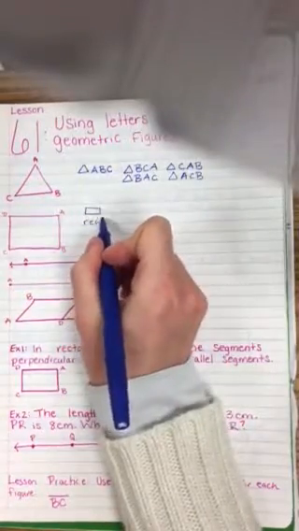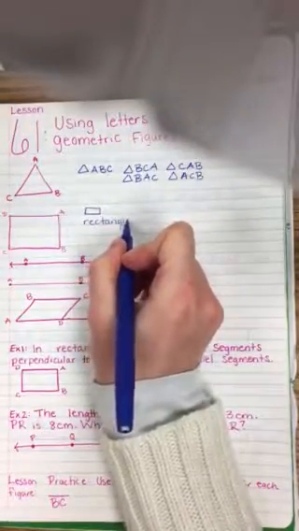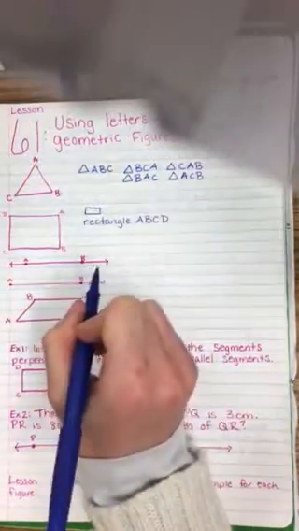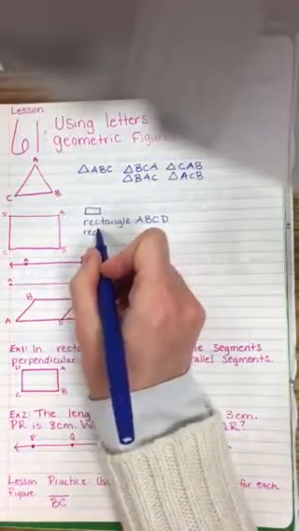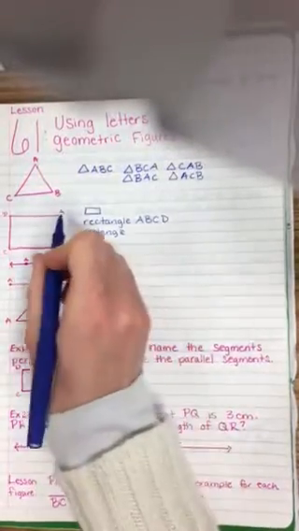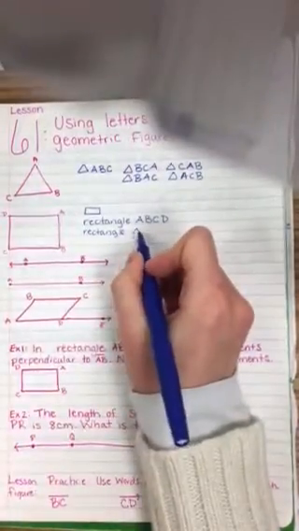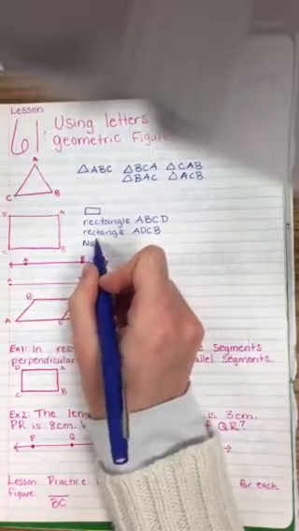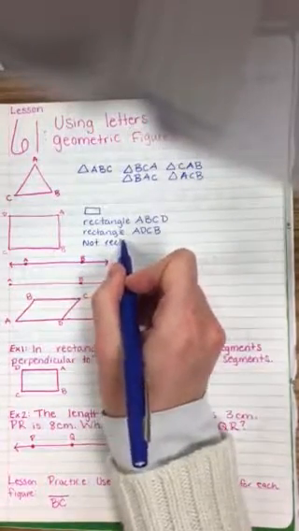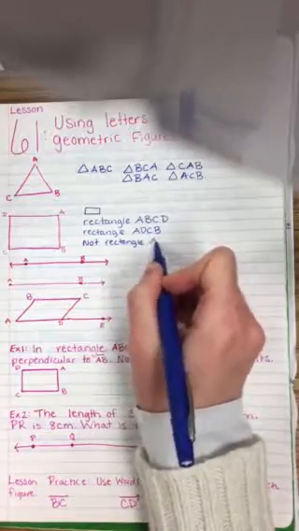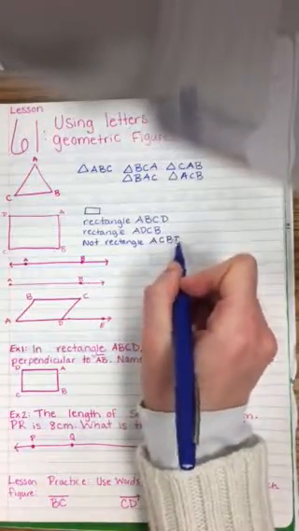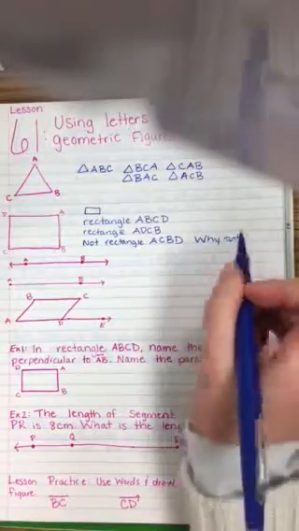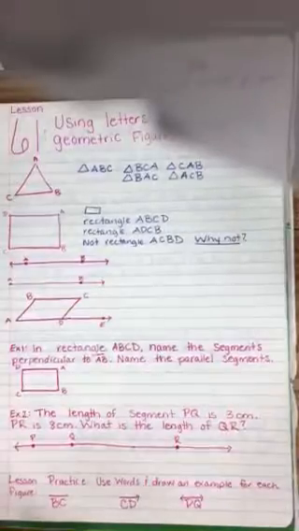So rectangle ABCD, or you could call it rectangle ADCB. But you could not call it rectangle ACBD. Why not? I need you to answer that question.